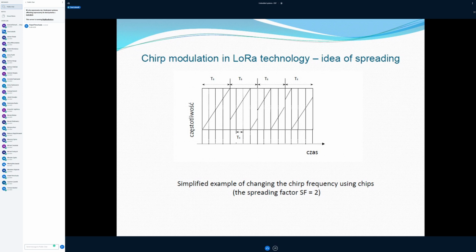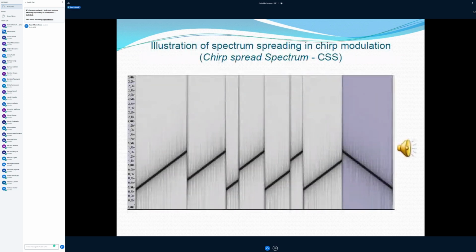And this is why we may say that this is a spread spectrum, and the pseudo noise is applied to the different cutting of my frequency changes. Yeah, and here I generated it in Audacity to show you how this frequency change looks in a spectrogram.